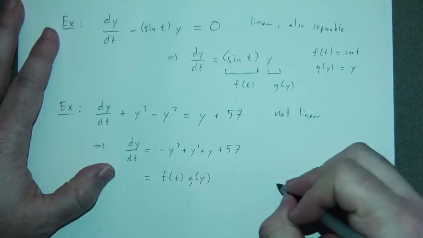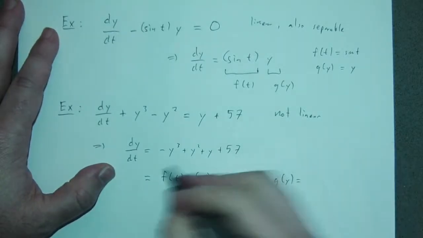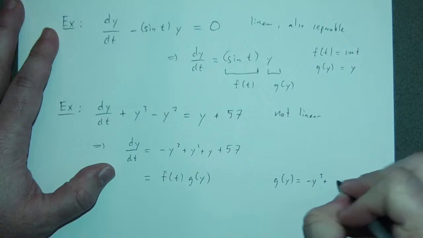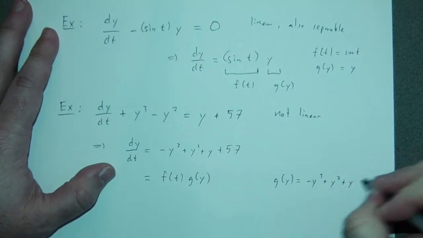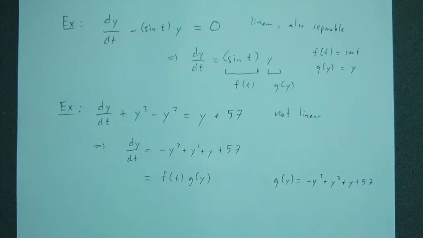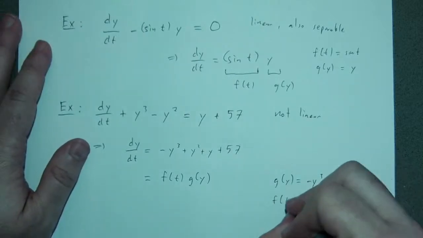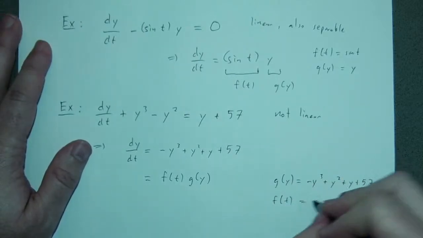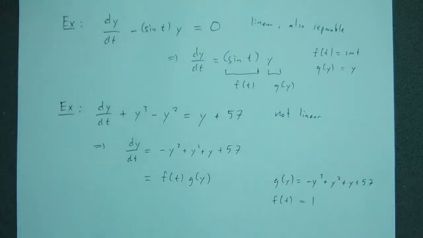I claim that g of y is minus y cubed plus y squared plus y plus 57, and f of t is 1. Right? Then this is equal to f times g in that case. So either f of t or g of y can actually just be constant.